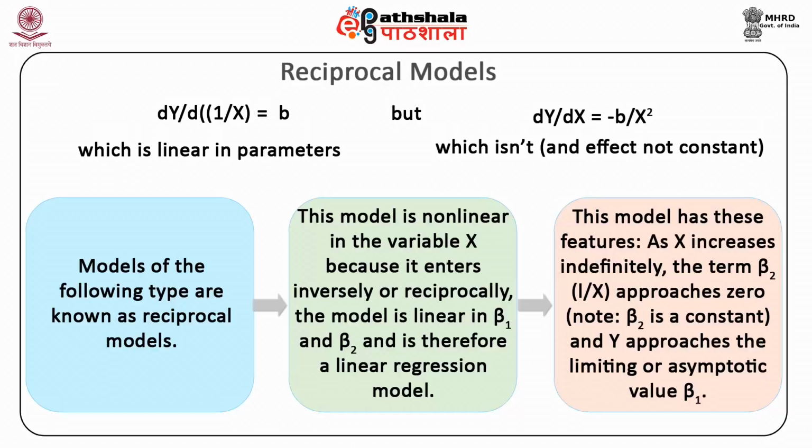As x increases indefinitely, the term beta 2 times 1/x approaches 0. Please note that beta 2 is a constant, and y approaches the limiting or asymptotic value beta 1. Therefore, models like this have built into them an asymptote or limit value that the dependent variable will take when the value of the x variable increases indefinitely.